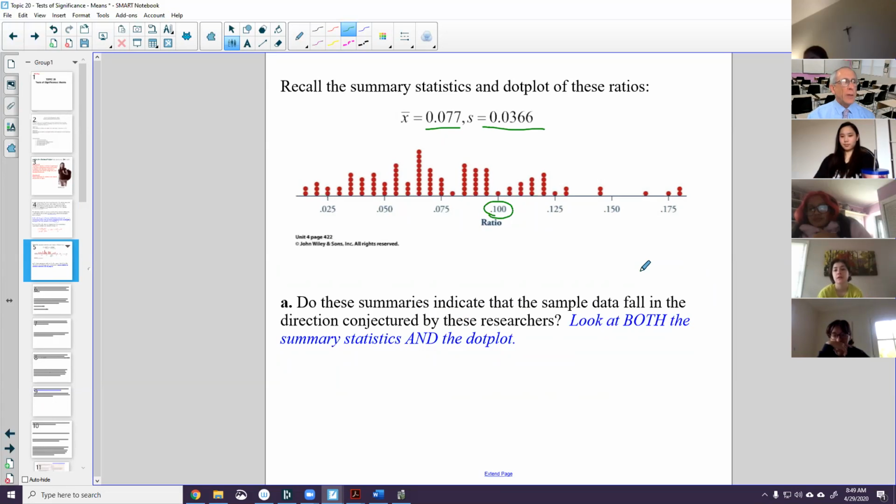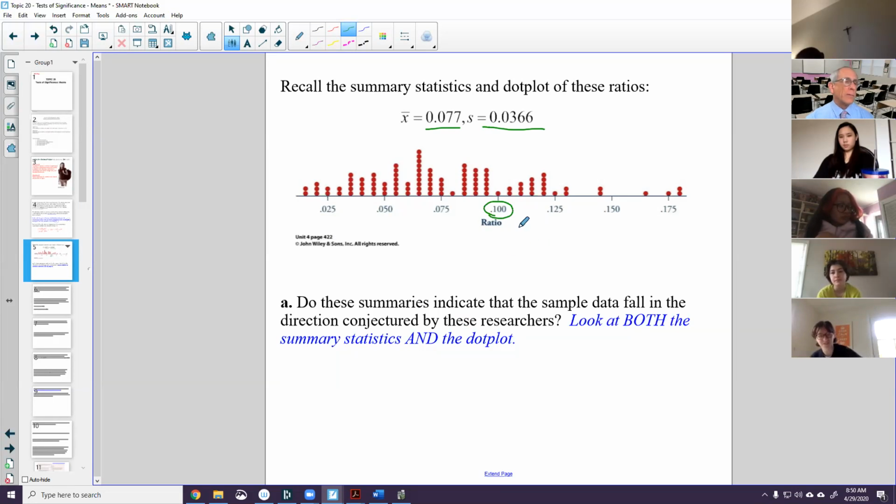Okay. So just looking at the picture here, we're trying to find out whether or not the ratio of backpack weight to body weight is less than 0.10. So looking at the picture here, does it look like that's probably the case? It's less than, correct? Yeah.